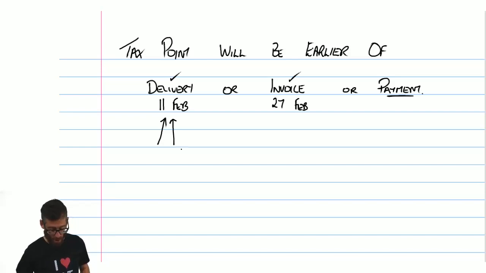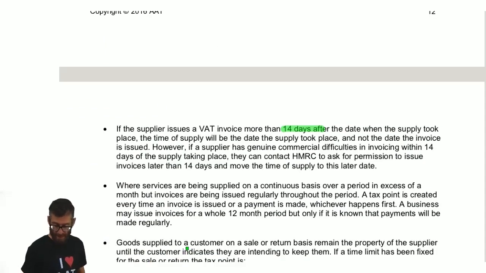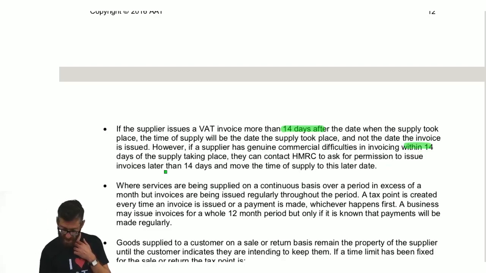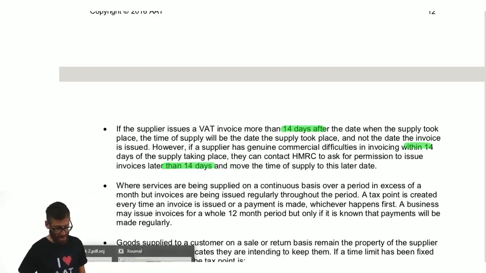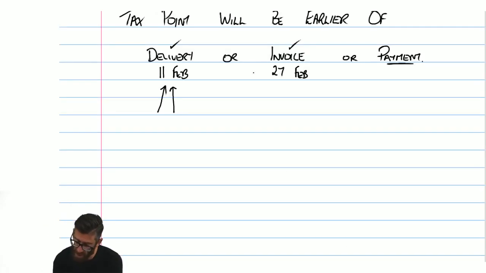However, what I was drawing to your attention a moment ago was the 14-day rule. And if you issue your invoice within 14 days, then your tax point will be at this position. So I need you to understand there is a caveat to this. The tax point will be the earlier of delivery or invoice.